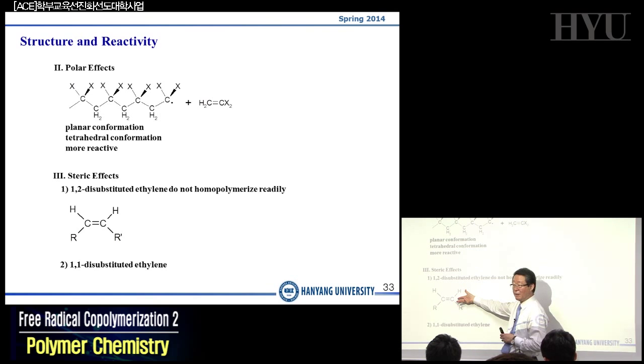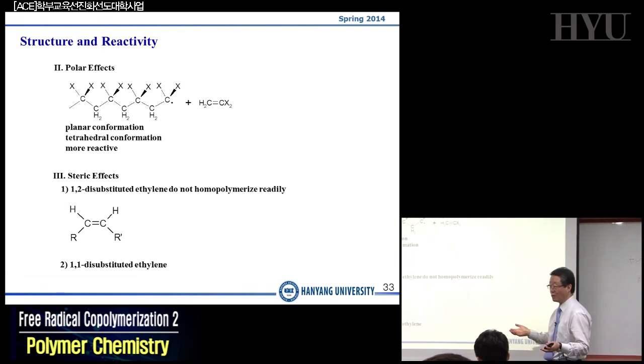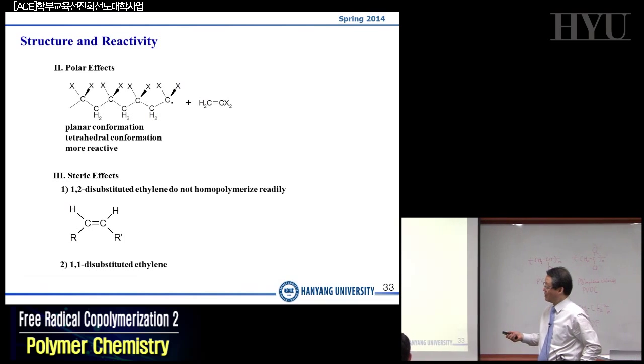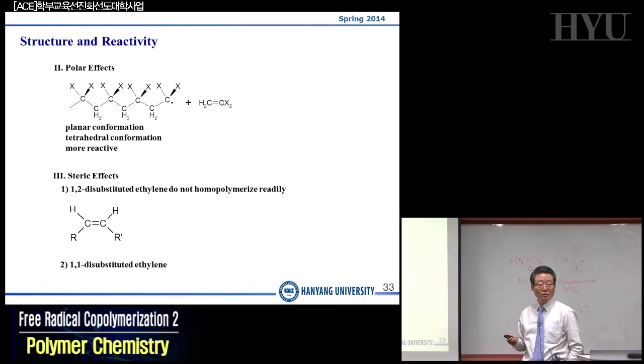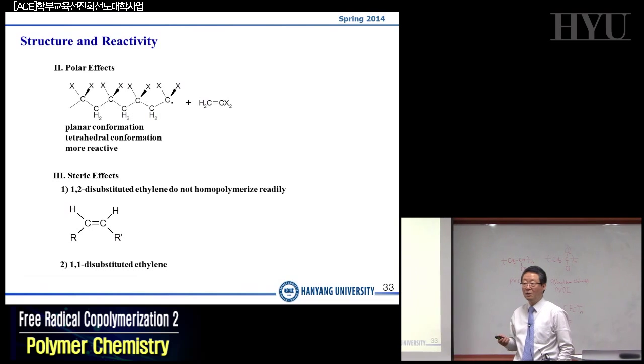Although they look very similar because of the double bond, cis and trans isomers are different compounds. And if you look at the cis and trans isomers, those have two different reactivities. Trans is much more reactive than the cis isomer.